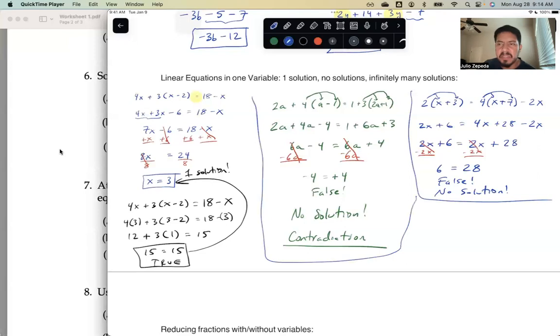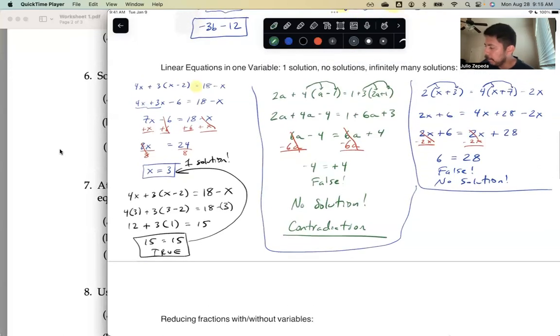Let's take a look at one more. I think I meant this to be slightly different. So let's see if I can change this just a little bit. Let's do one more example.